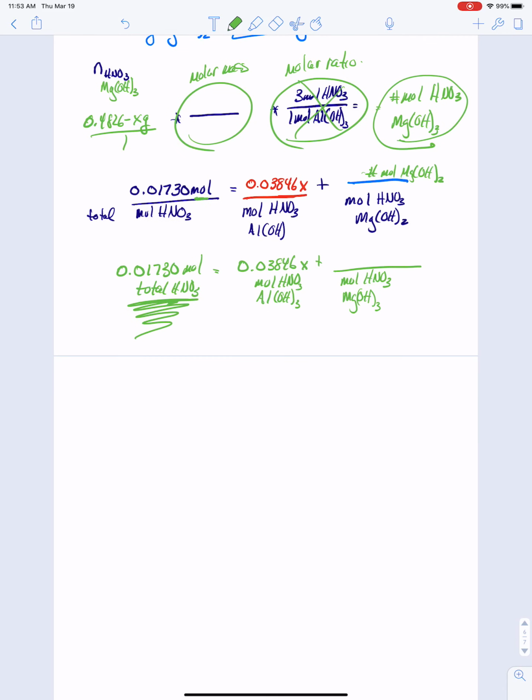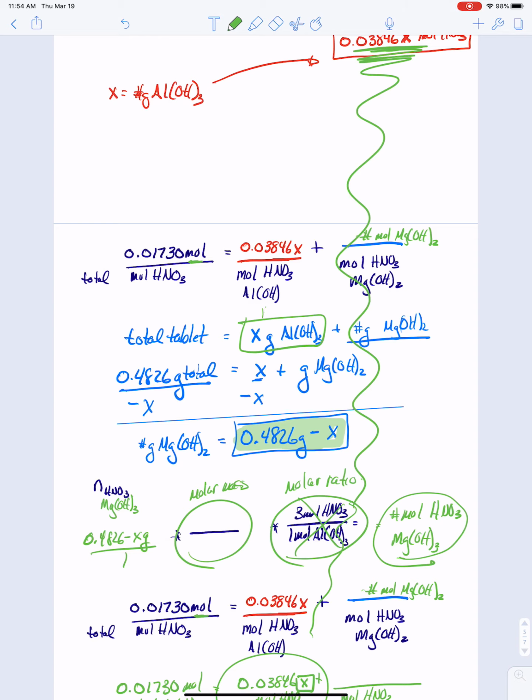So we would have an algebraic expression which would solve for X. And once we did this, I'm leaving out the algebra steps, I'm leaving that for you to work on. We would have an expression where X, if you recall from the beginning, represents the number of grams of AlOH3.